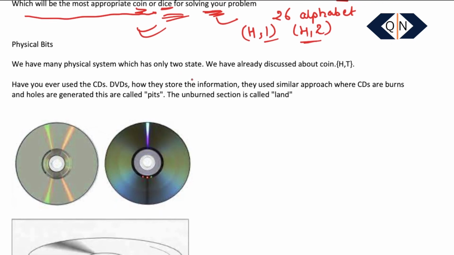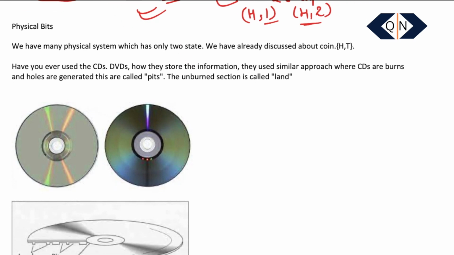Now we will move forward and look at the physical bit. Till now everything we have seen is numerical. Head, tail, 1, 2, these are all numerical and booleans. So now we have many physical systems which have only two states.